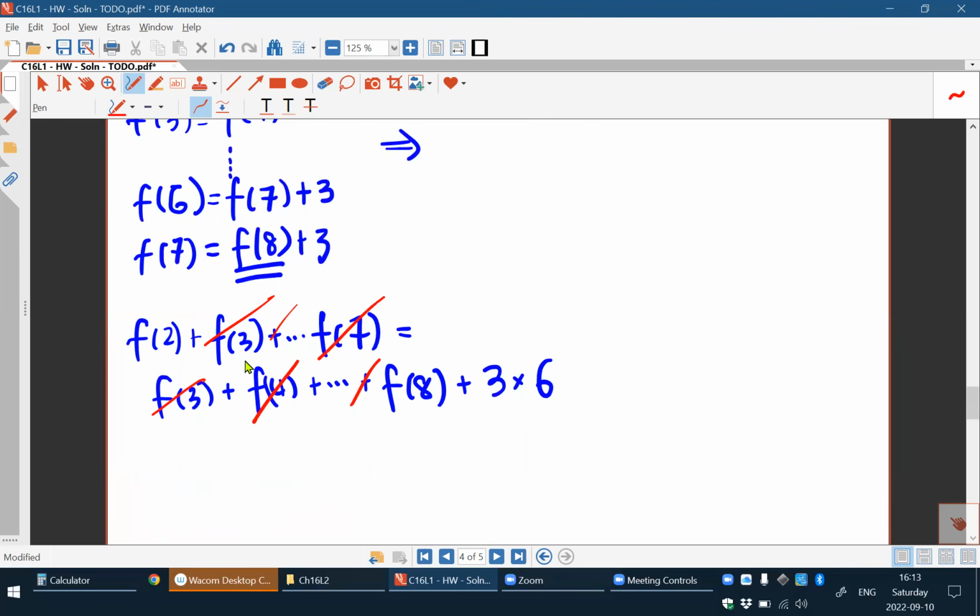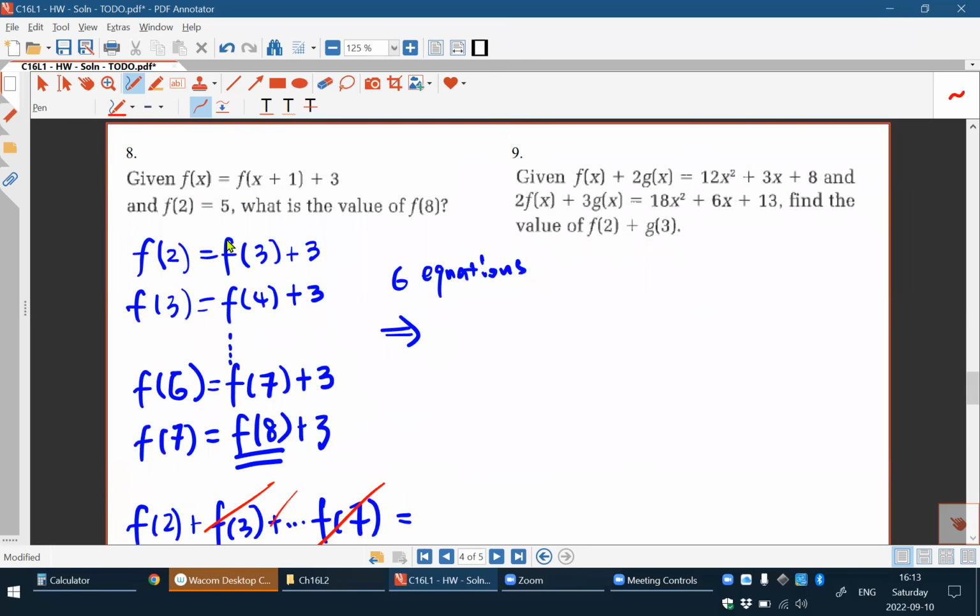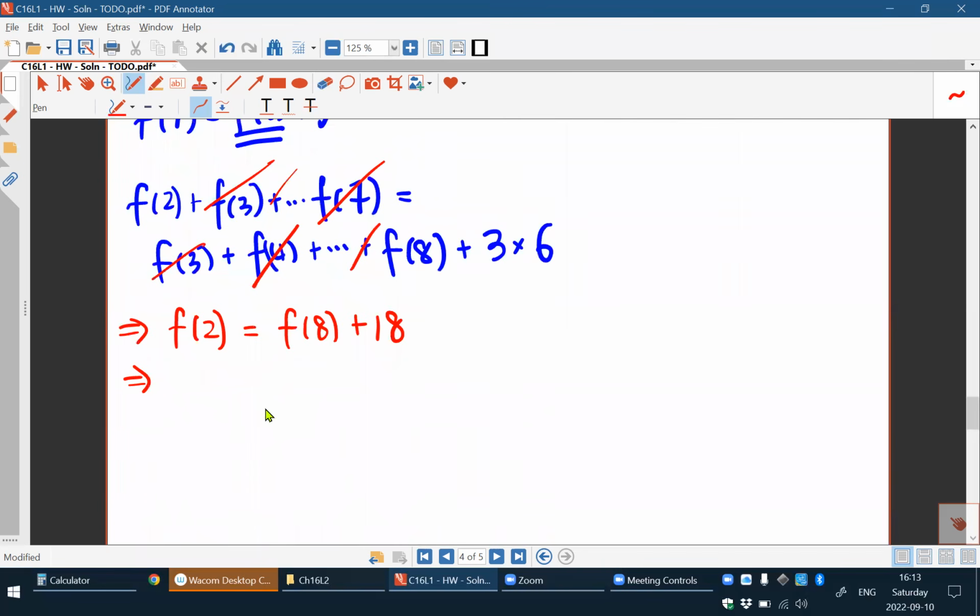So what's left is only f(2) on the left side equals f(8) on the right side plus 18, right? And we know f(2) is 5, so put f(2) = 5 in. Then we can solve f(8). So f(8) equals -13, right? Okay.